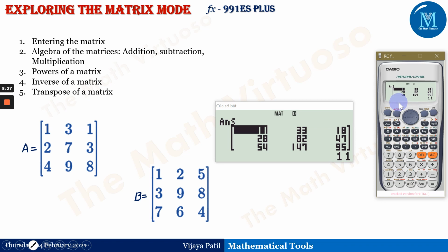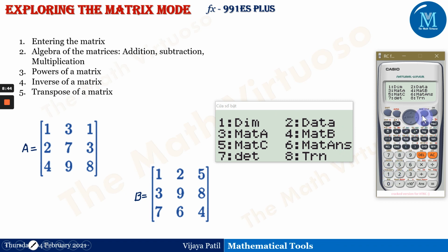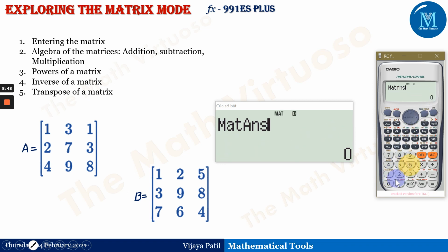Similarly, if I wanted to go ahead with the next operation, let me just introduce you. Now I have got this as A square. I am using this A square to calculate A cube. So Shift 4, I want this Math Answer, that is the A square, right?